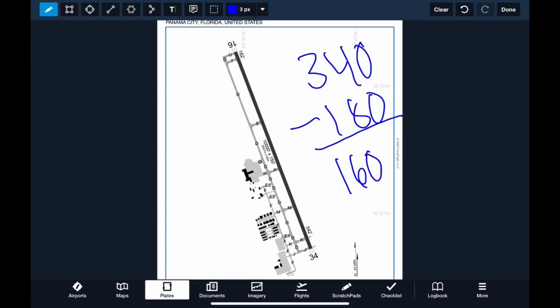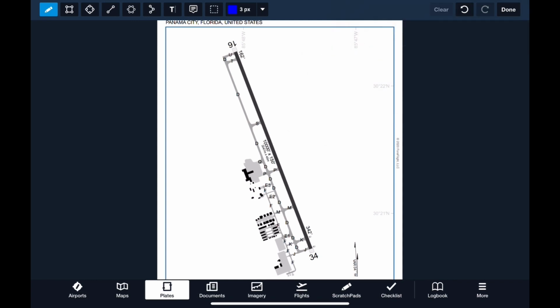So 160 degrees. So if you ever see one end of the runway and you don't know what the other runway number would be, just either add or subtract 180 degrees of that, and you'll get the reciprocating runway.